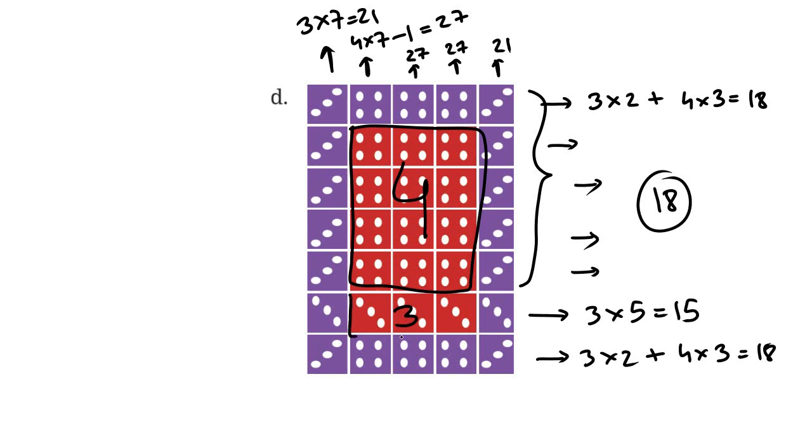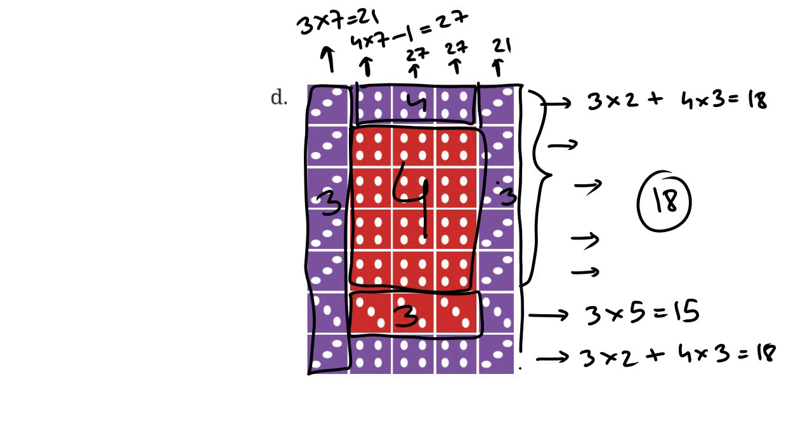Next, this is your 3 block. Similarly, this entire stuff is the 3 block. Again, this is yet another 4 block. And again, this one is a 3 block. Here also we have got a 4 block.